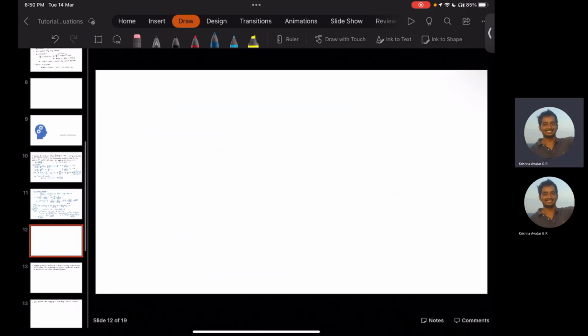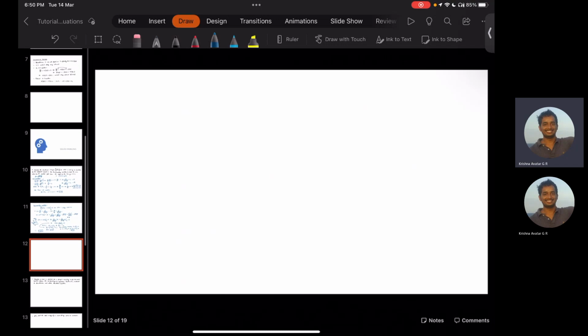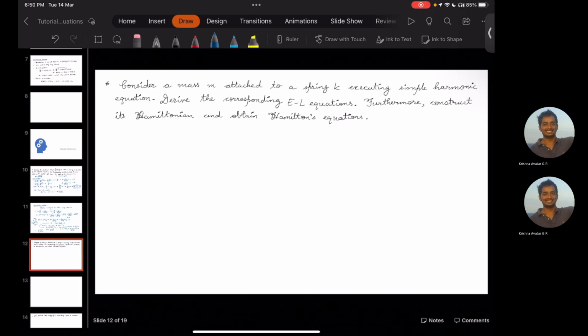Okay, so now let's move to solving the next question. So the next question is that we are to consider a mass m attached to a spring k, which is executing simple harmonic motion.